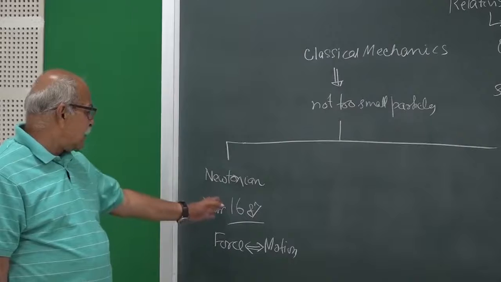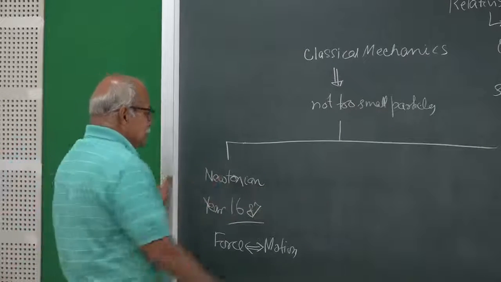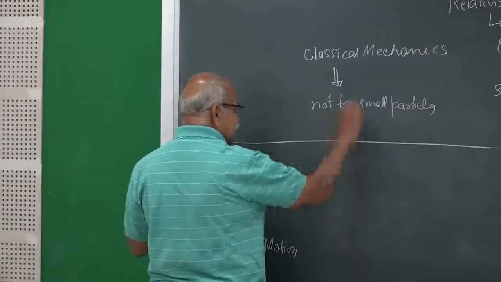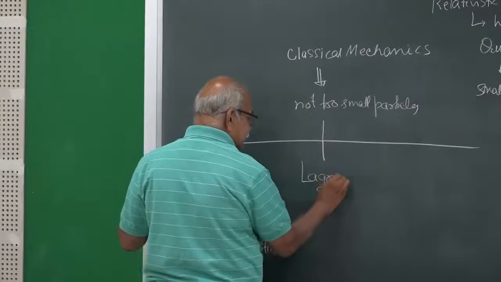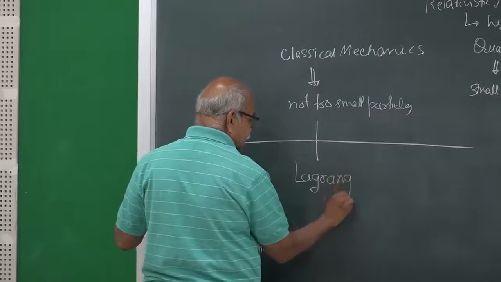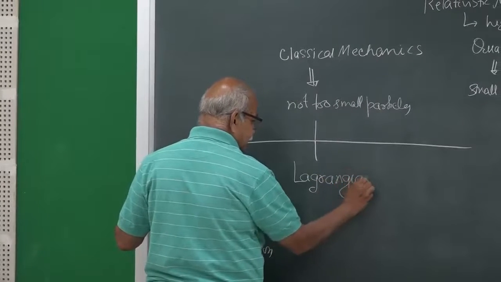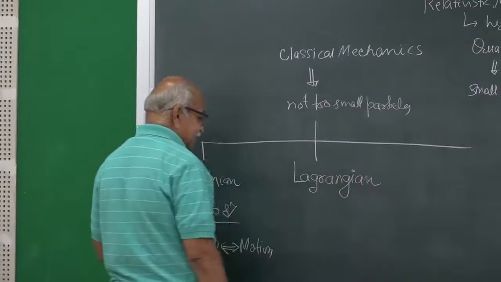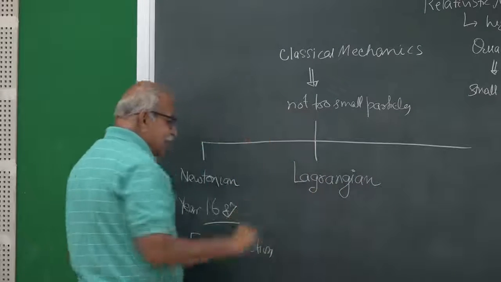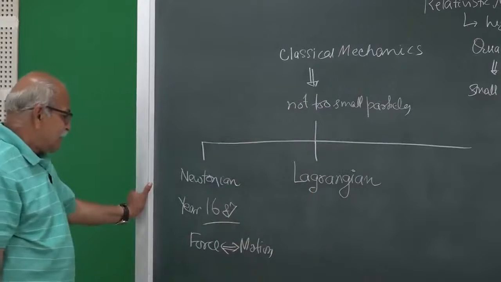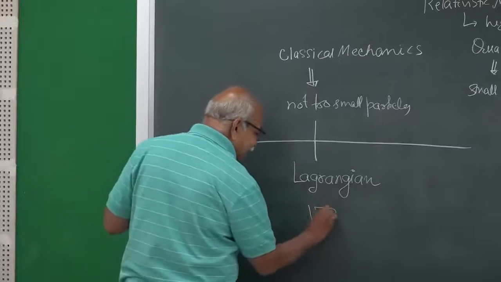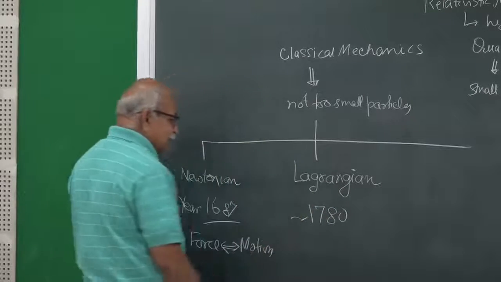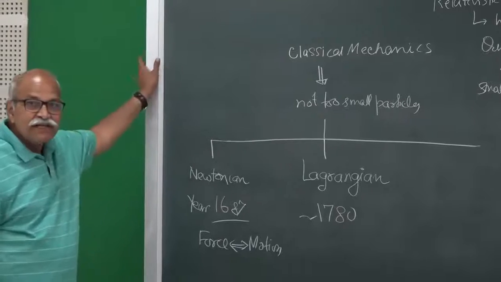Then about 100 years from here, you have another formulation of classical mechanics which is called Lagrangian mechanics. The scientist was Lagrange, and this was around 100 years down the line, somewhere around the 1780s.